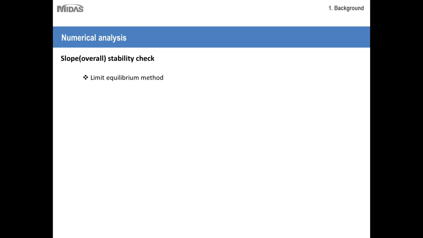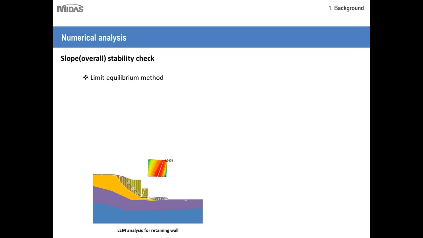So let's talk about how numerical analysis helps you out for slope stability or the overall stability check. The first and foremost method, which is very common and very popular, that everyone is familiar with, is the limit equilibrium method. As we studied in our schools, the slope is divided into fine fragments or wedges, as you can see.